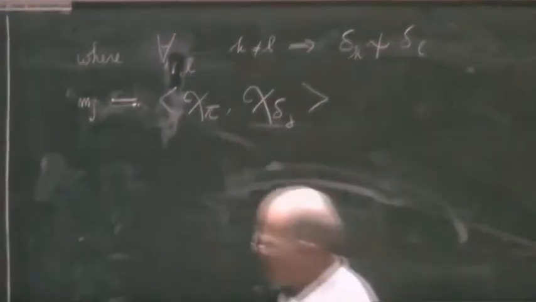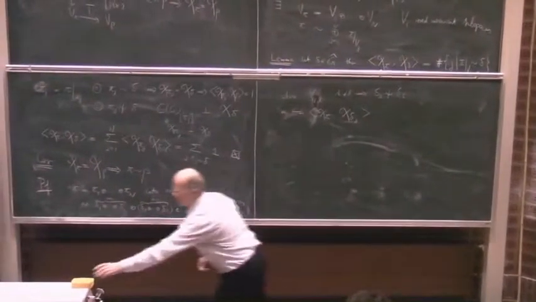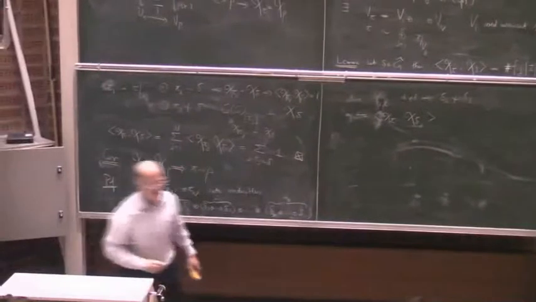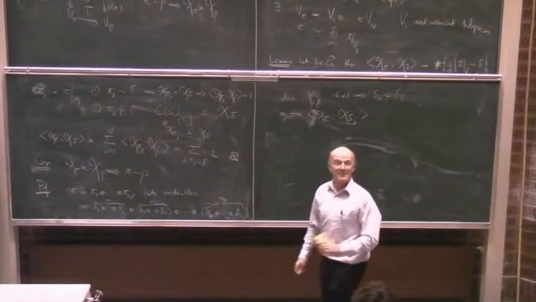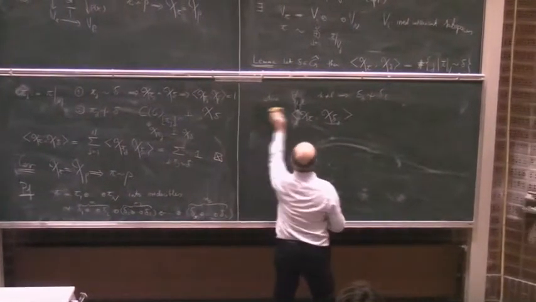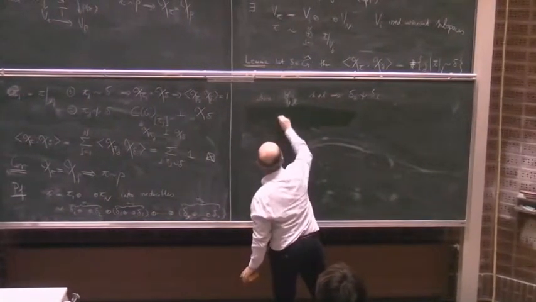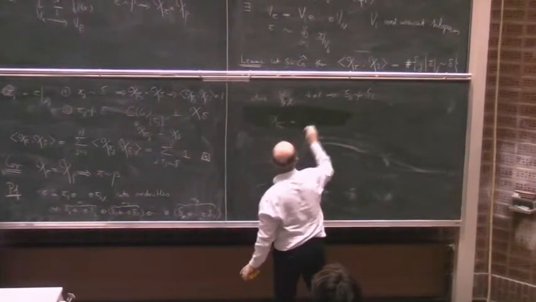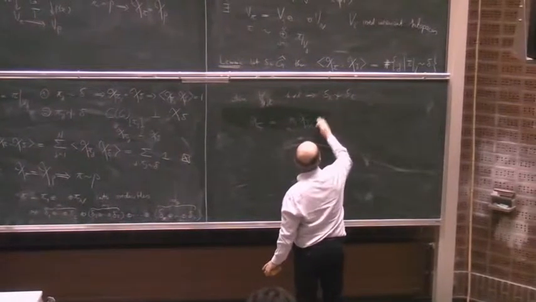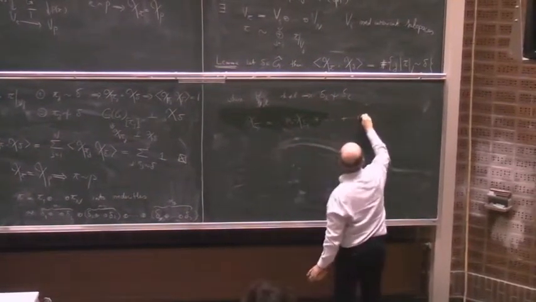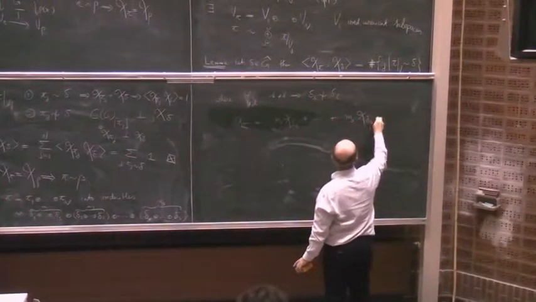The character of pi splits as the sum of those characters. Let's get organized. The character of pi now is equal to M1 times the character of delta 1 plus up to MS times the character of delta S.